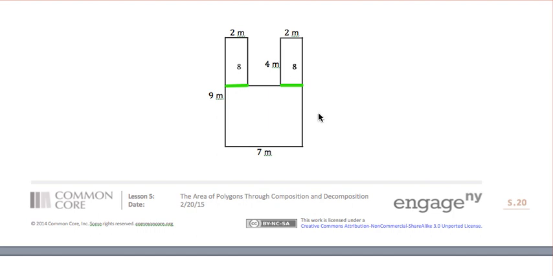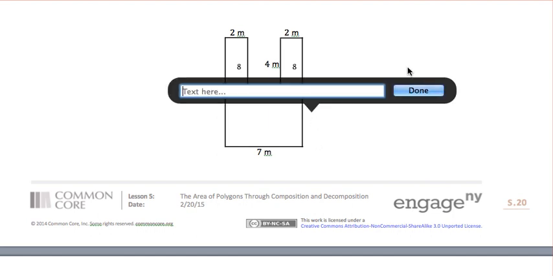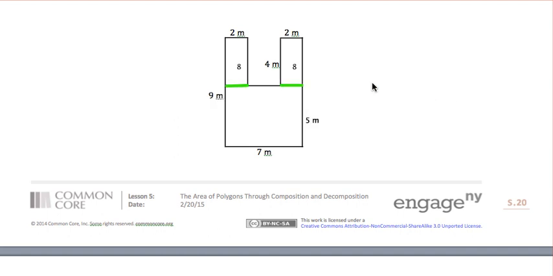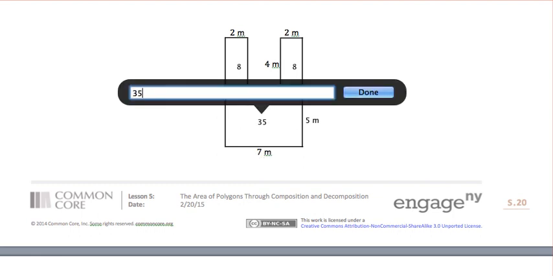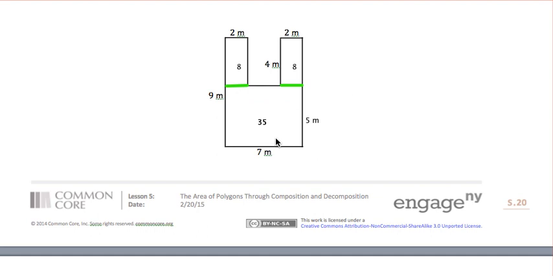So 9 minus 4 would mean that it is 5 meters high on the bottom. And then we multiply 7 times 5 to get the area of the interior space, which is 35. Finally, we would add 35 and 8 and 8, which will give us 51 square meters.